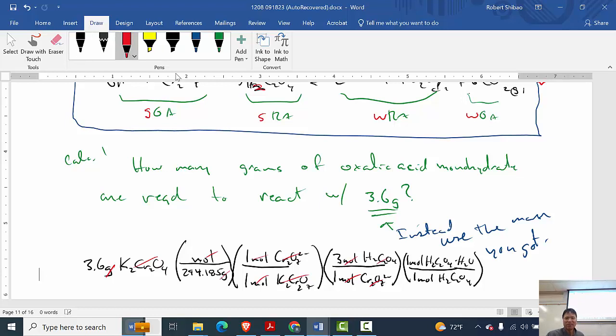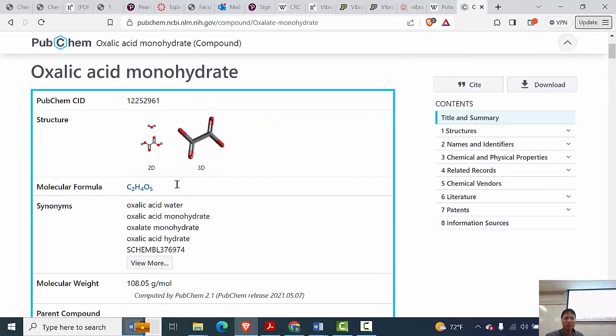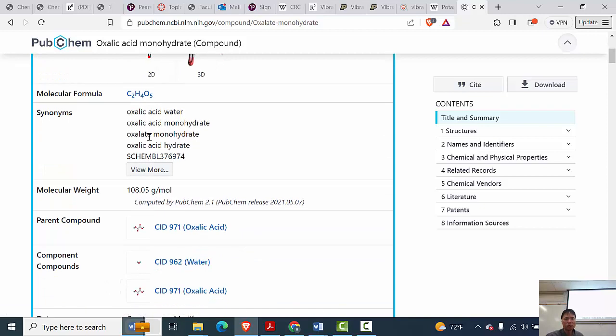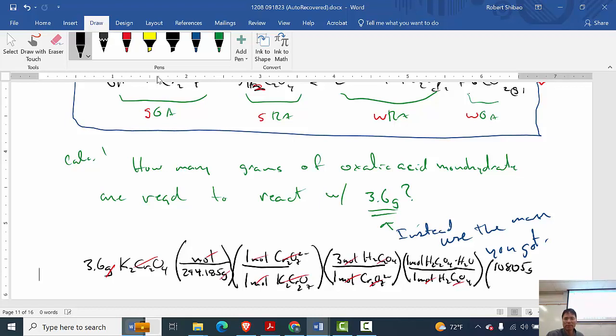Okay, so now I have moles of oxalic acid monohydrate, and I can calculate the molar mass, but I'm just going to look it up. Oxalic acid monohydrate, this is from Chem, is 108.05 grams per mole.